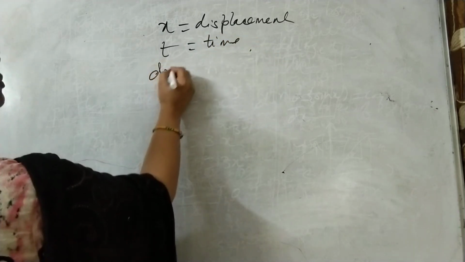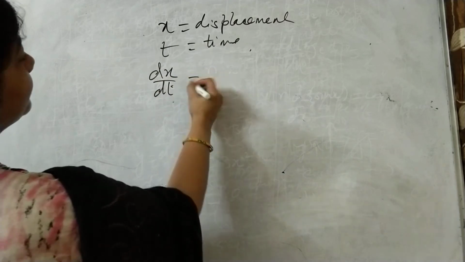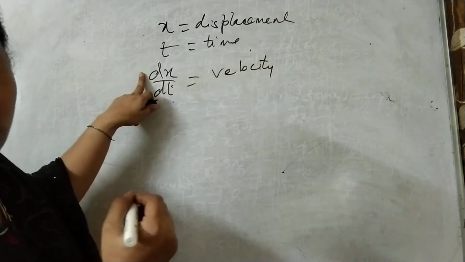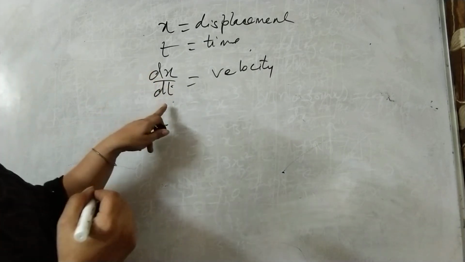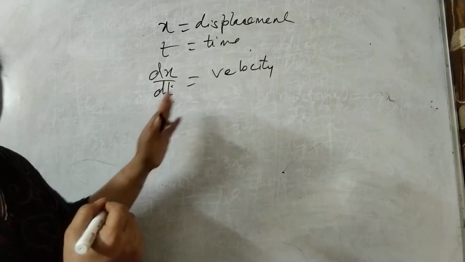Then dx by dt, the rate of change of displacement with time, is what? Yes, correct. It is velocity, you know it. The rate of change of displacement with time is velocity.